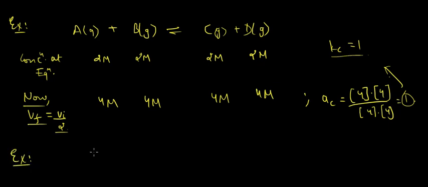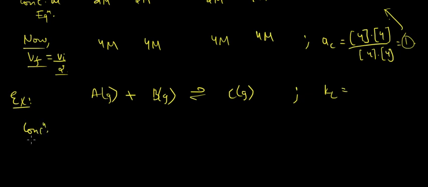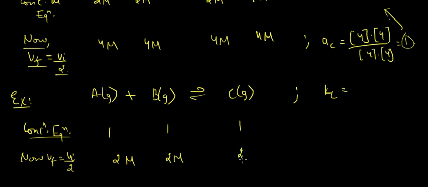Next example is we have A(g) plus B(g) getting converted into C(g). So here Kc is, let's suppose, the equilibrium concentration of the following gases was 1, all having 1 M. And now if we do V final as V initial by 2, then the concentration of each gas doubles.